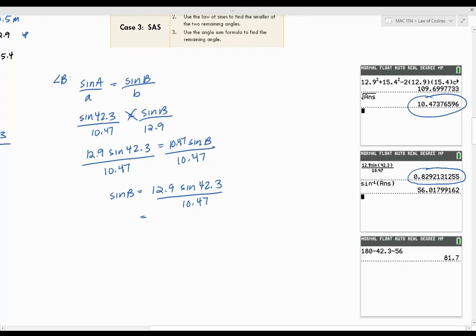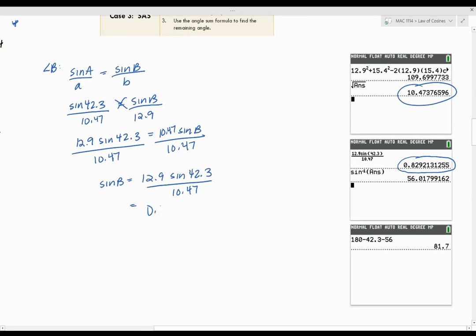When you plug that into the calculator, you get 0.829231. I'm not just looking for this decimal, I'm looking for the angle that has this as its sine value, so I need to take the inverse sine of this decimal. When I do that, I get 56.0 as my angle measurement. So that's angle B.